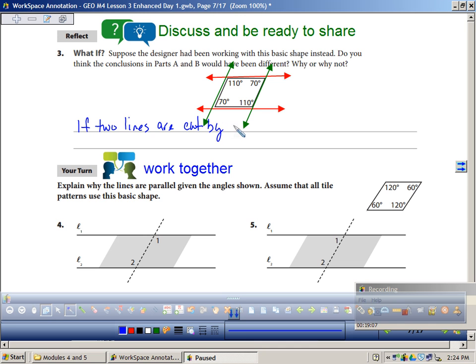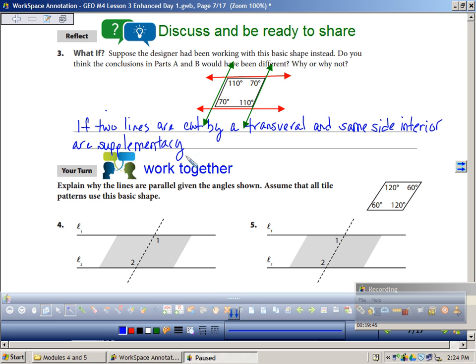Cut by a transversal, good. And what happens? What did we just talk about right now? Same side interior. What about same side interior? Are supplementary. Good. Supplementary.